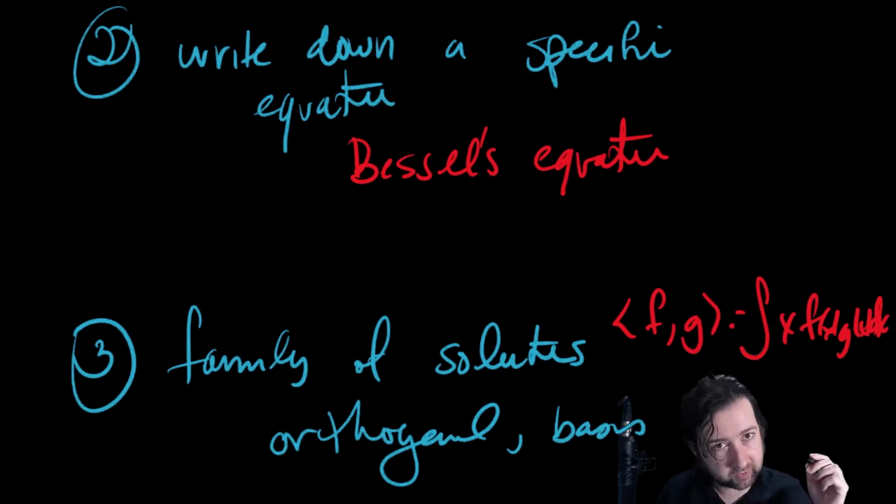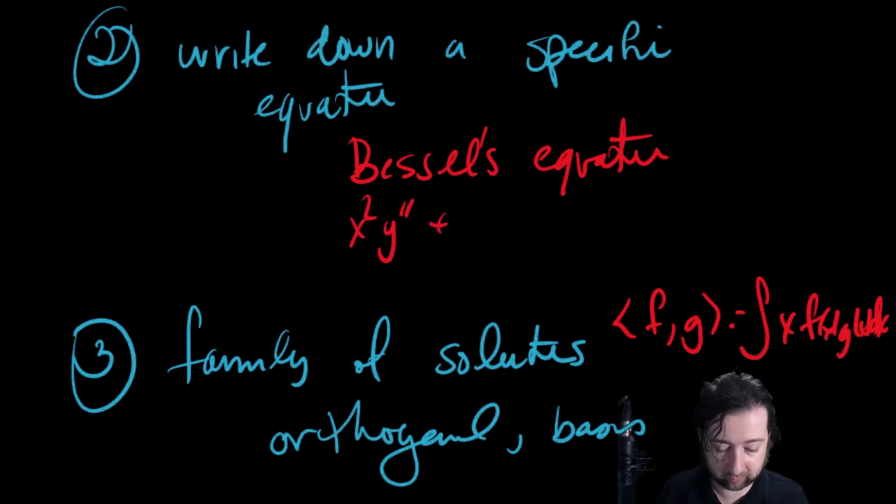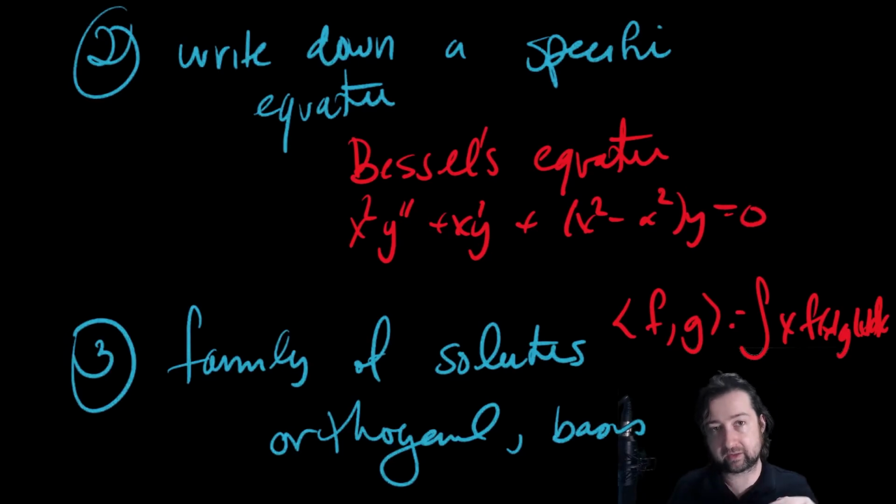We're going to start with a specific equation, which looks like x squared y double prime plus x y prime plus (x squared minus alpha squared) y is equal to 0. So that is the specific equation we're going to use. We're going to build a space of functions with this inner product, and we'll show that a specific family of solutions to this specific differential equation is an orthogonal family.